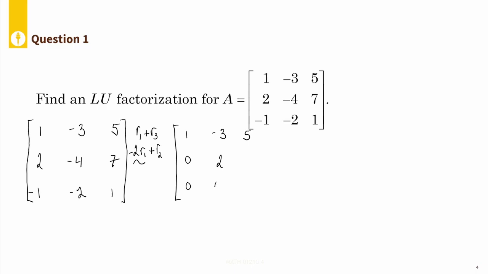And 6 minus 2 is 4. Except I did the wrong thing, sorry. Should be negative 3 minus 2 is negative 5. Negative 10 plus 7, and then 5 plus 1.